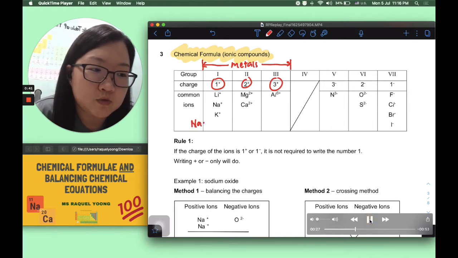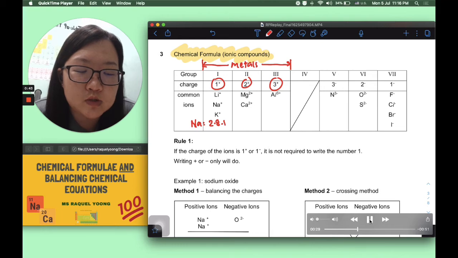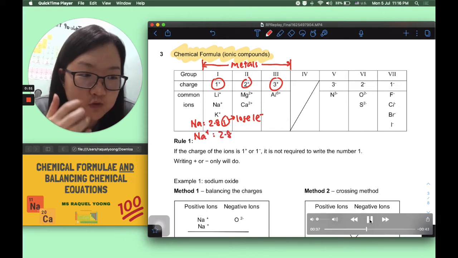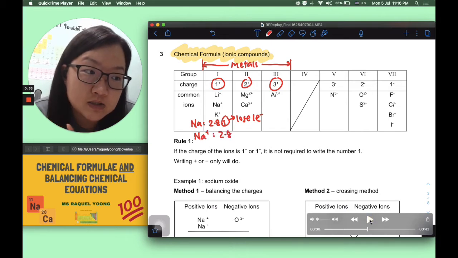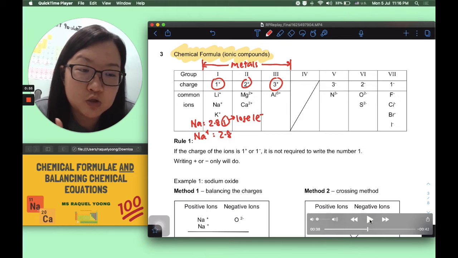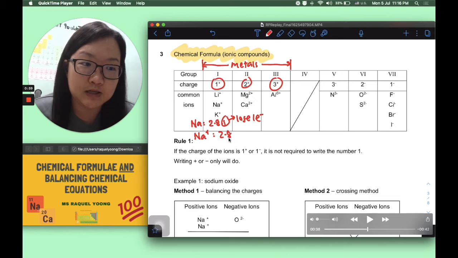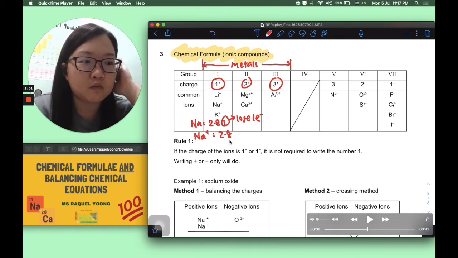So for instance, if we look at our good friend sodium, it is 2.8.1. So it will tend to lose that one valence electron, and because electrons are negatively charged, it will form a cation, Na+, with an electronic configuration of 2.8, which is the stable octet electronic configuration, right?